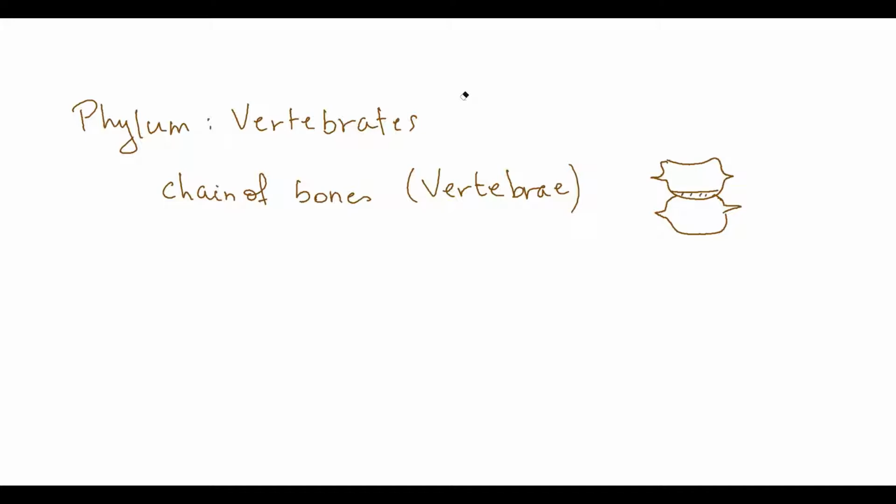The vertebrae all have a canal inside, like this, acting like a hole. So along the whole length of the vertebral column there is a canal, or a hole, in the middle, and in this hole there is a very important structure that runs inside.